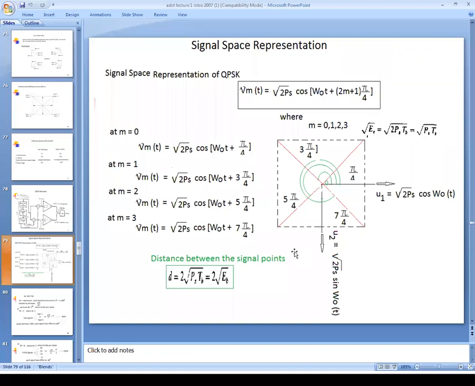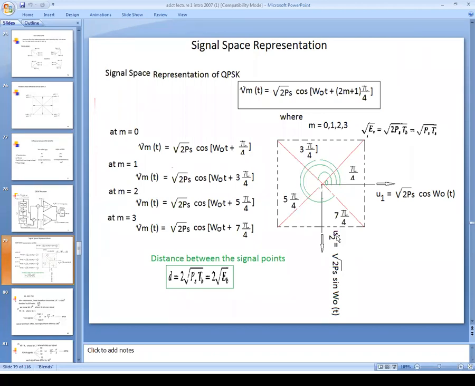So here you can see the phase differences. The first value is pi by 4, the second one 3 pi by 4, the third one 5 pi by 4, the fourth one 7 pi by 4. So that is the difference between the signaling points in QPSK.